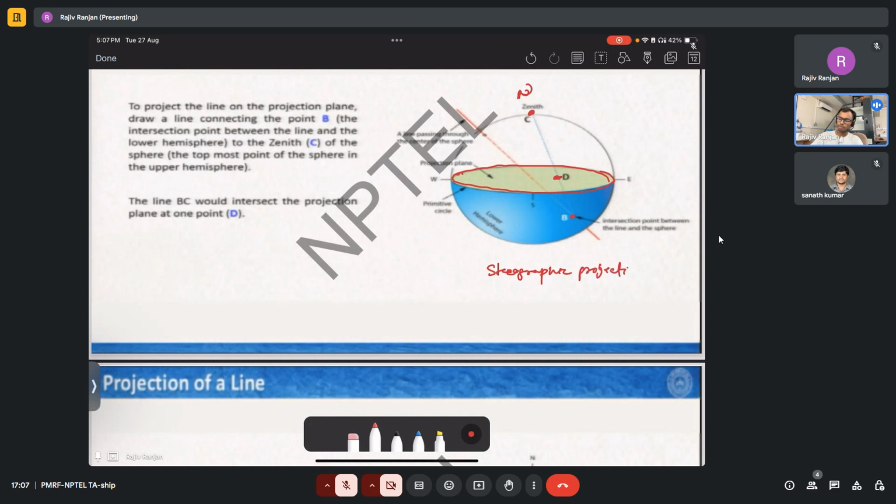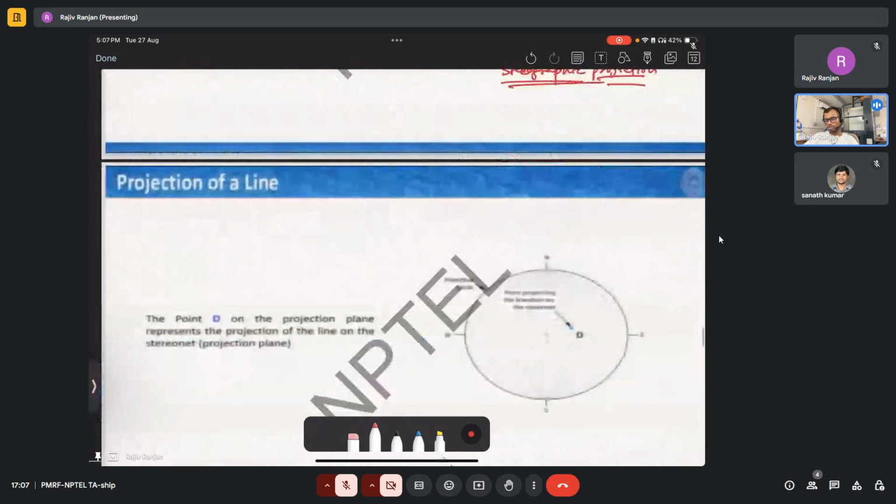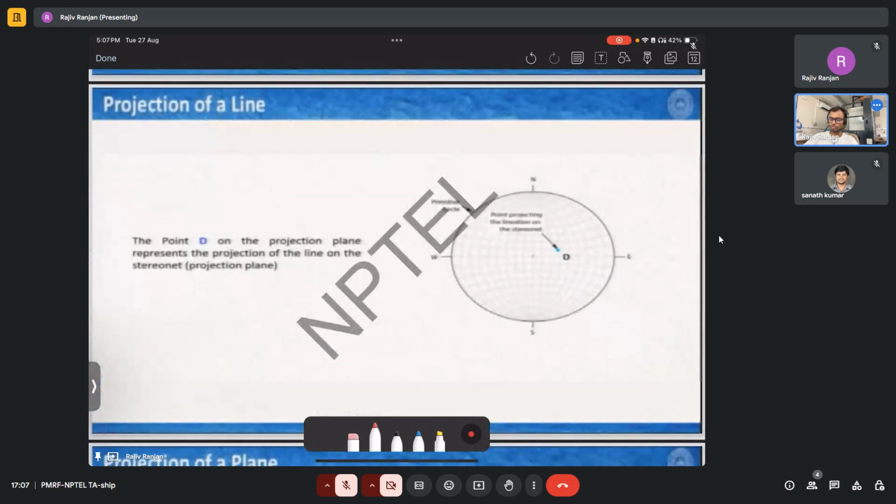So this is what we call a stereographic projection. This is how we plot a point on a stereographic projection. This is how it appears. You can see this point D.